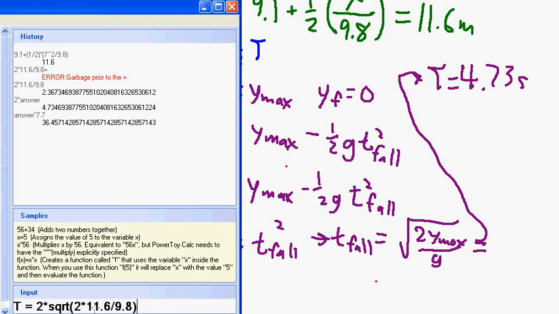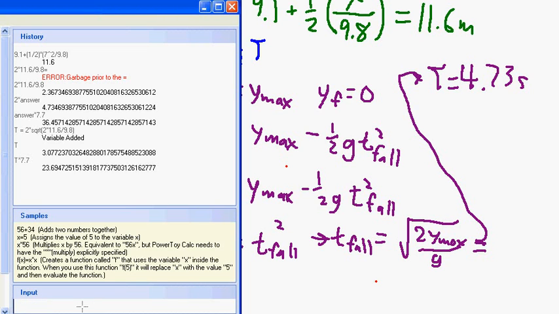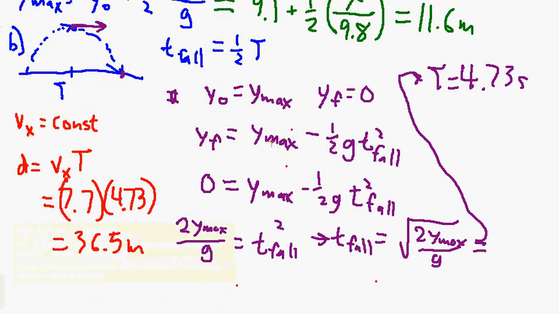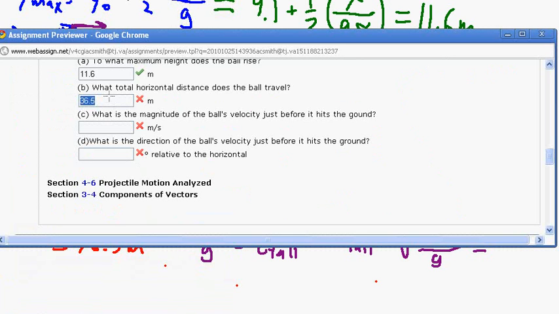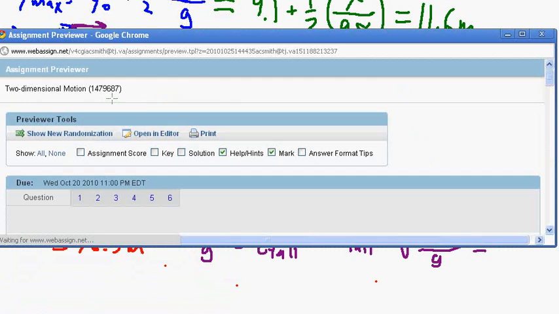So now T times 7.7 then gives us 23.7 meters. That sounds a little more reasonable. So let's try 23.7. And boom, there we go. Okay, so that gets us halfway through, and I'm going to stop there and then do this.